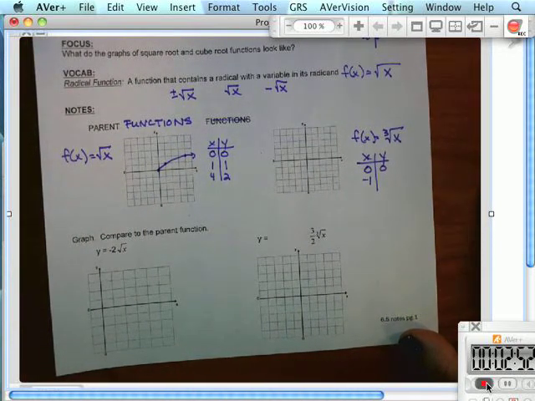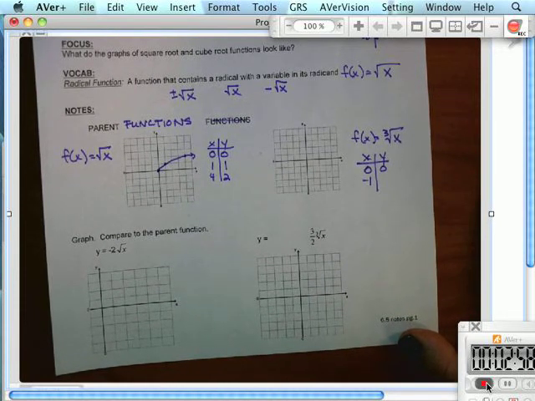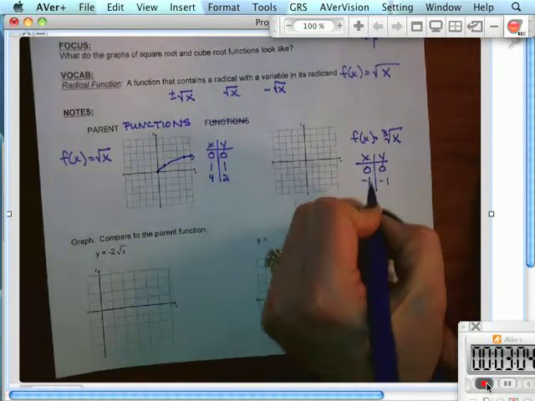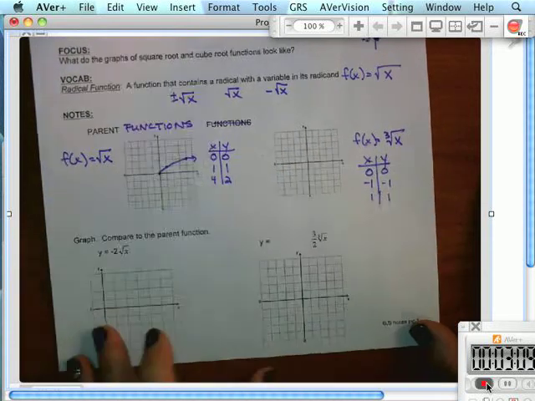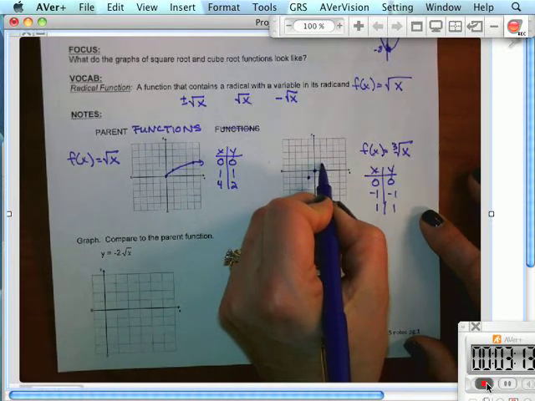Some of you know, some of you I want you to think about. Do you know what the cube root of negative 1 is? Negative 1. Negative 1 times negative 1 times negative 1, right? And the cube root of 1 is 1. So let's plot those 3 points: (0, 0), (-1, -1), and (1, 1).